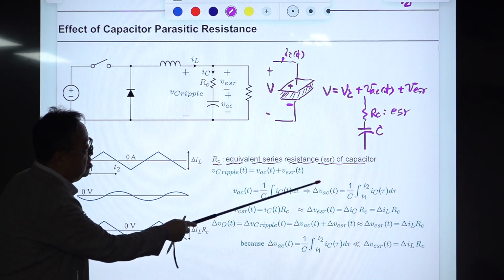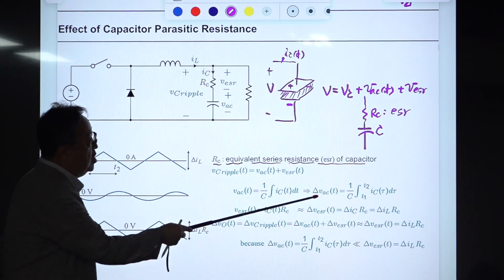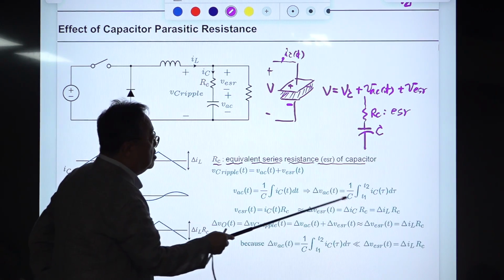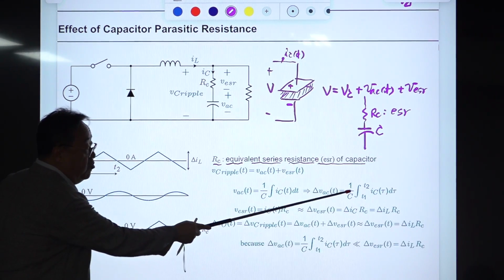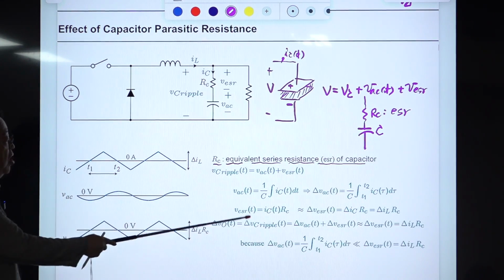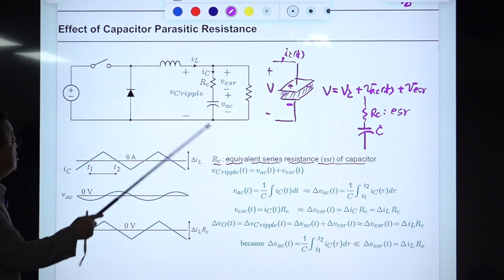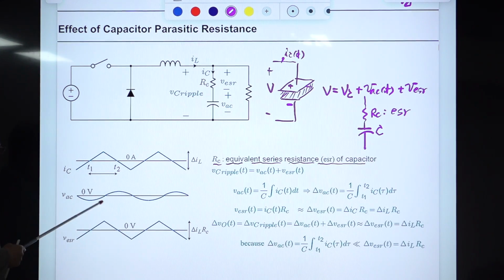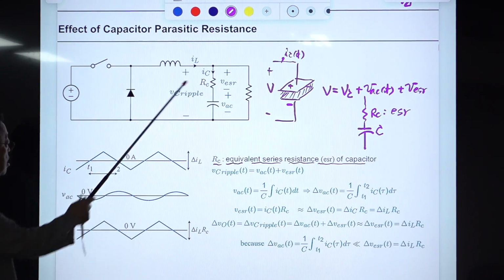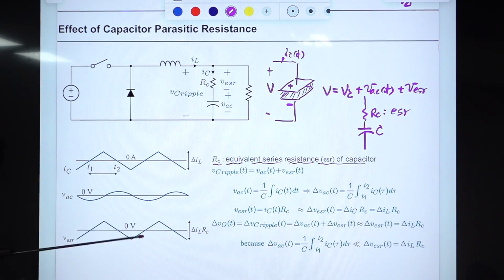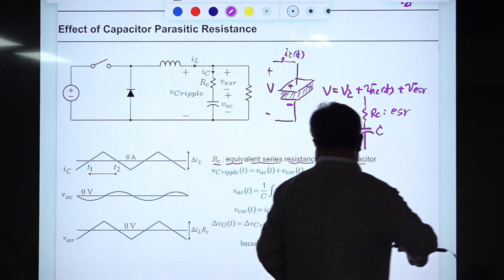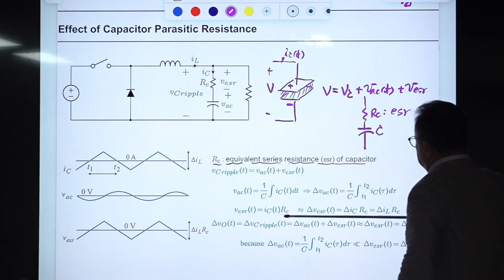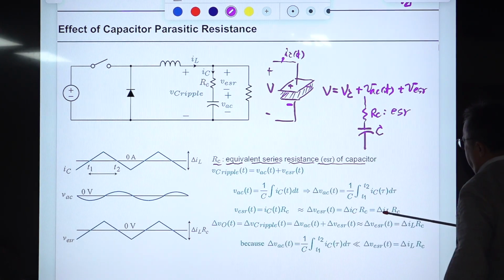So the peak value of the fluctuation of this is evaluated. As previously we discussed, we derived the formula for this, and another one is this one. This is a resistance, and this waveform is passing through this, and we have this component obviously. Then we have a triangular shape of this one. So del IC is the same as del IL.